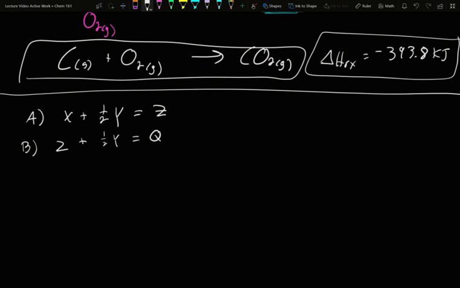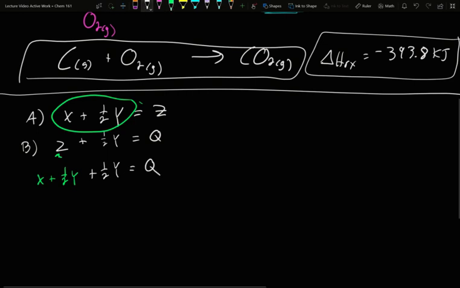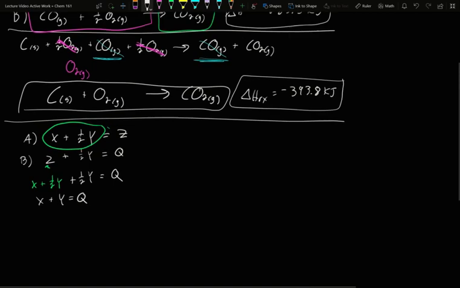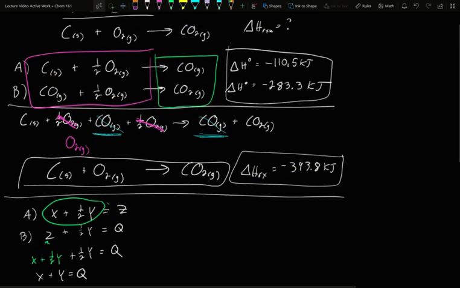Well, if I know what z is, I could plug all of this in for z. So instead of z here, you could have x plus 1/2 y plus 1/2 y equals q, which just comes out x plus y equals q. Effectively, this is the same setup that we started with.